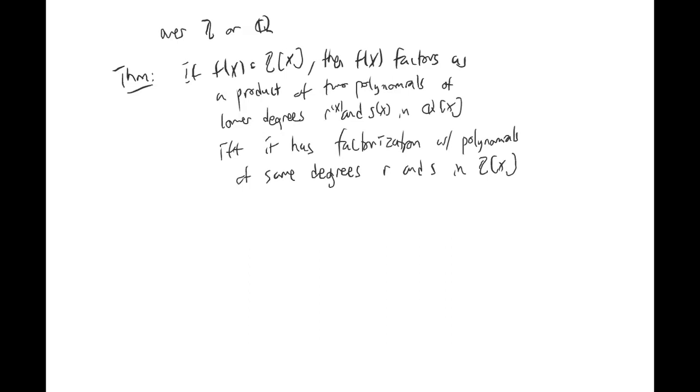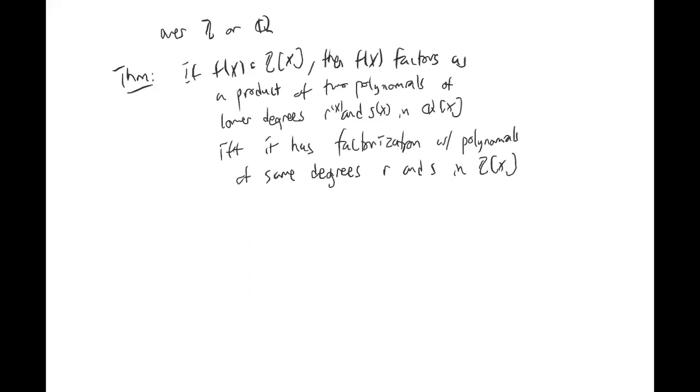It just means if you could factor over Q, then you can make it over Z.